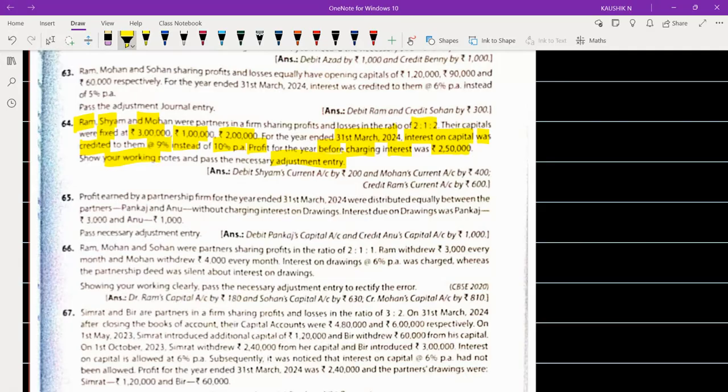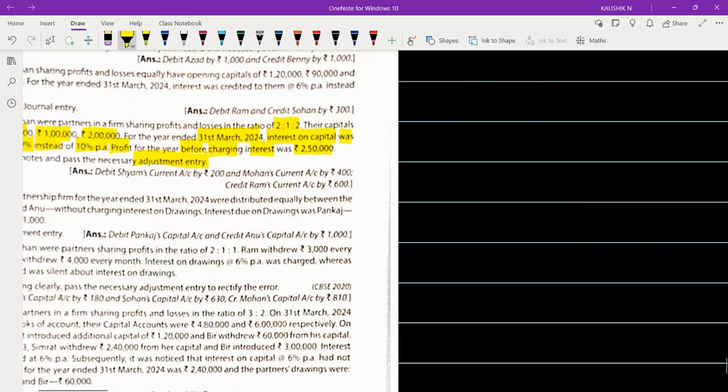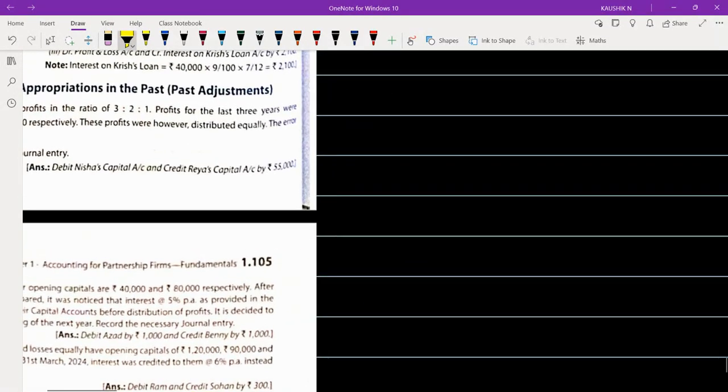It is an error. Okay. So first we shall prepare the table, which we name the adjustment table.